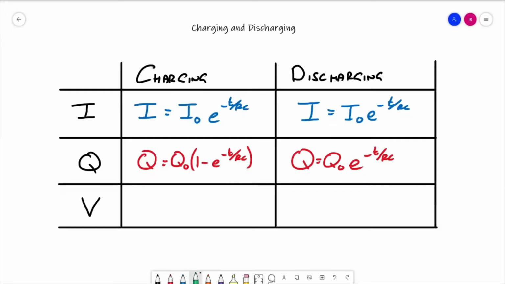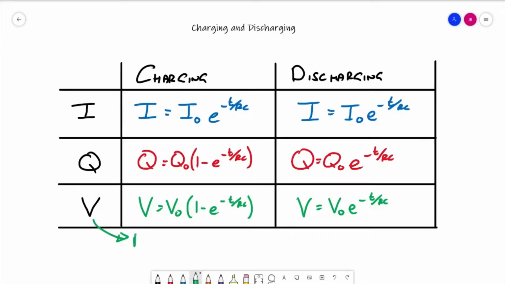It's the same as the charge equations, so V is equal to V naught (1 minus e to the minus t over RC), and V is equal to V naught e to the minus t over RC. So don't forget that the potential difference there that we're talking about is across the capacitor.